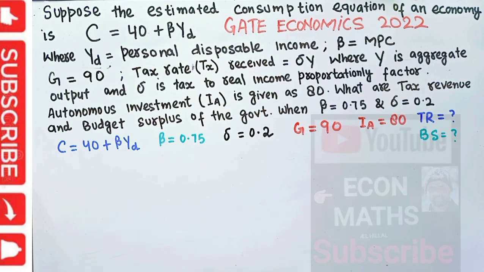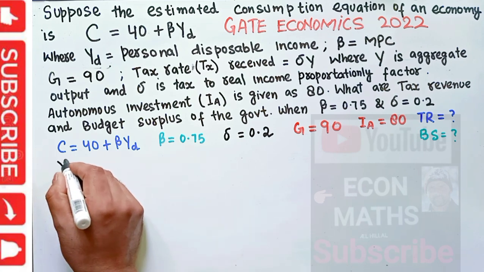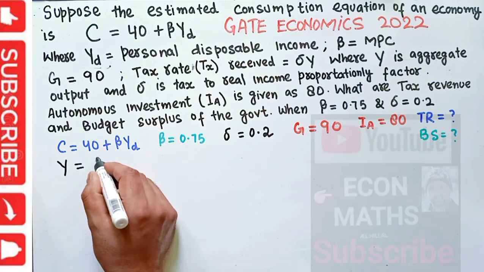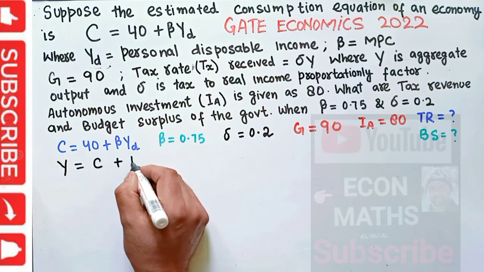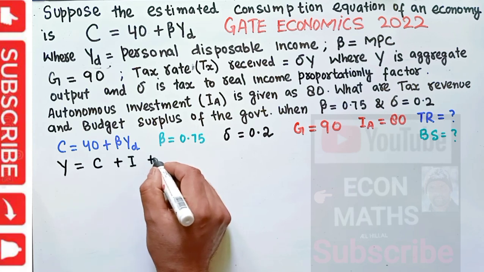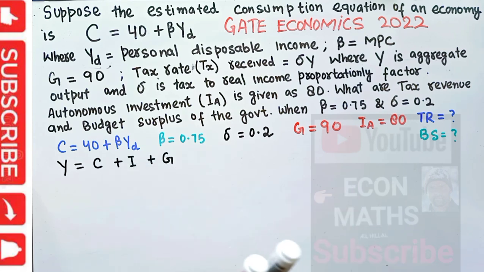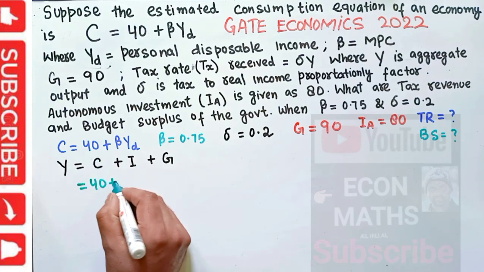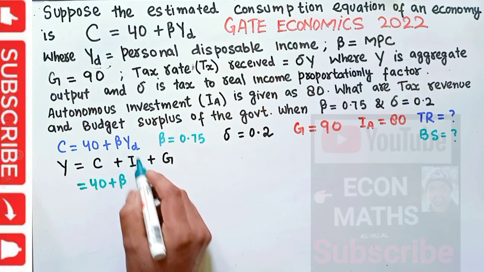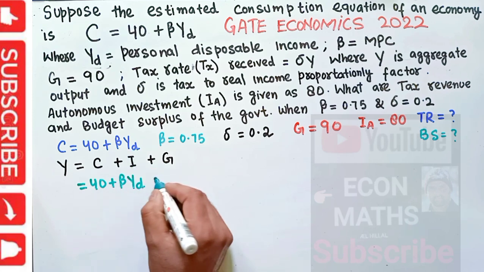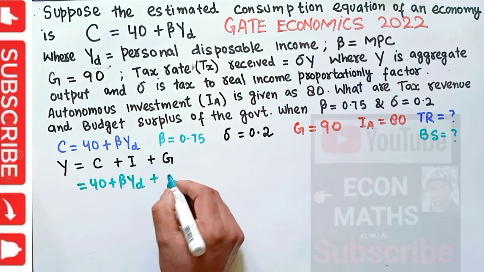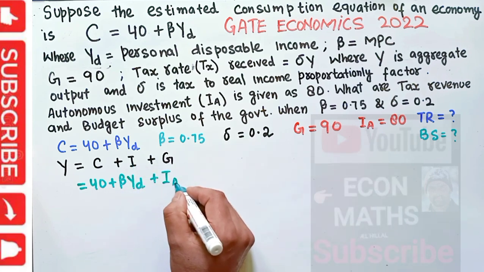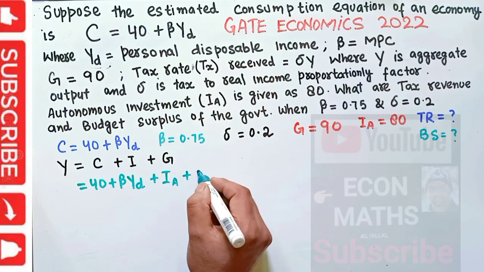Now we know the national income identity is that our aggregate output should be equal to the consumption expenditure plus investment expenditure plus government spending, or government expenditure. So first we find the equilibrium level of income. Y equals the consumption function, 40 plus beta Y subscript D, plus investment I subscript A, plus the government spending.